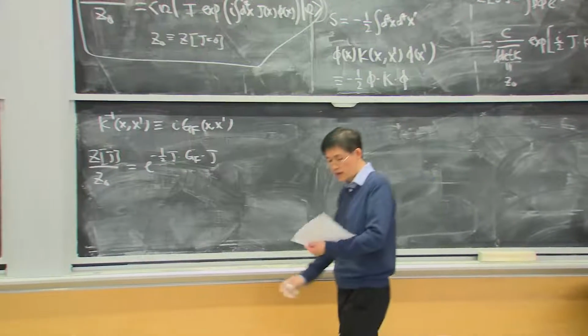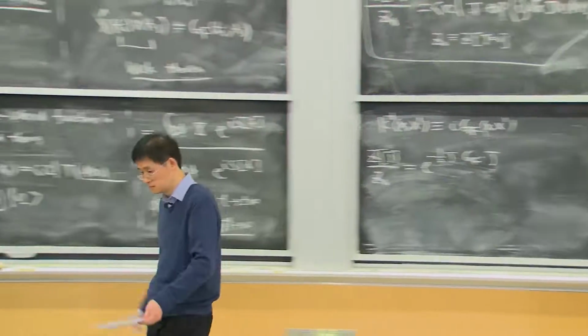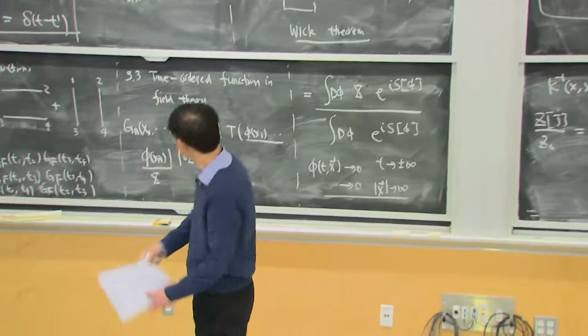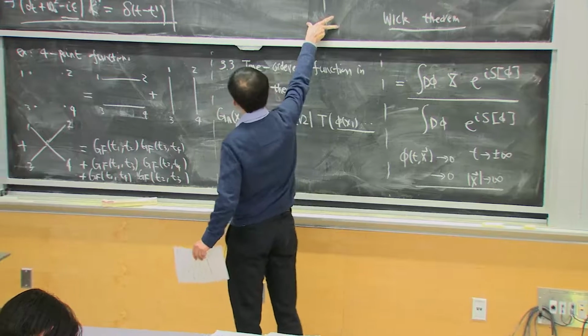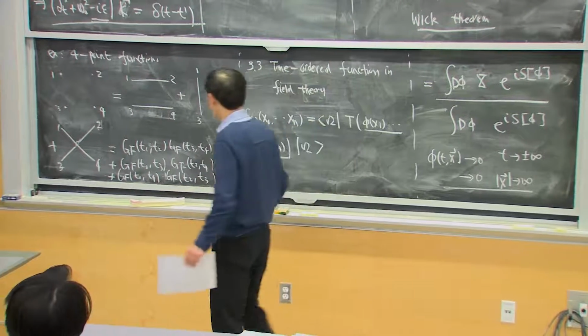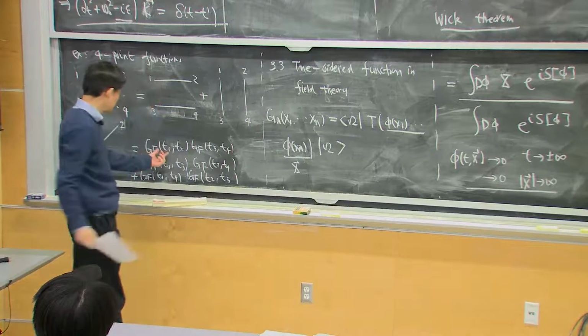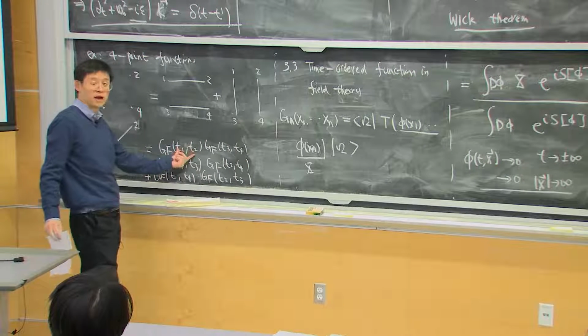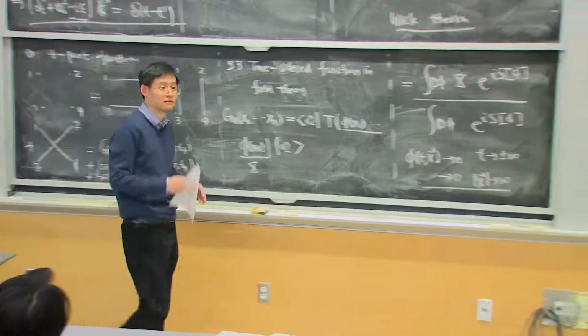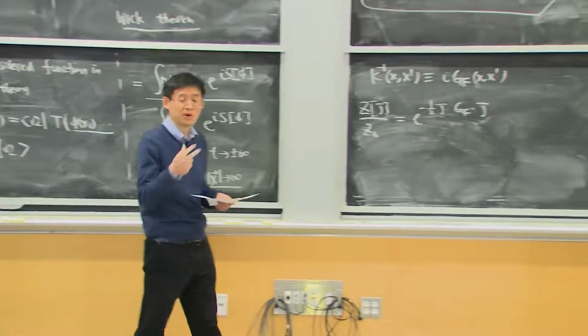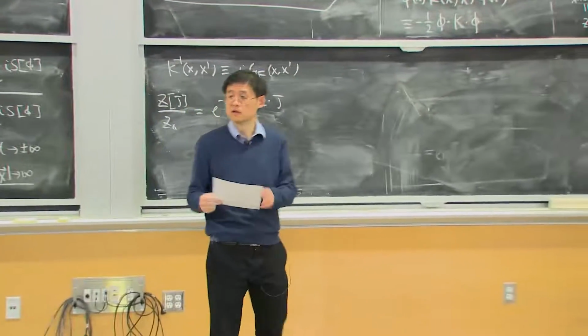If you calculate the n-point function, you get an identical structure. The only difference is that you replace G_F of t1, t2 by x1, x2, x3, x4, etc. Everything is identical, so to save time, I will not copy them again.